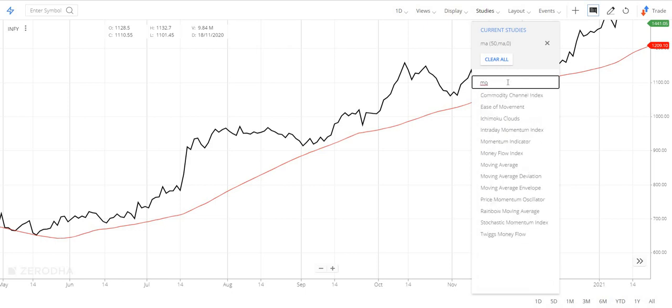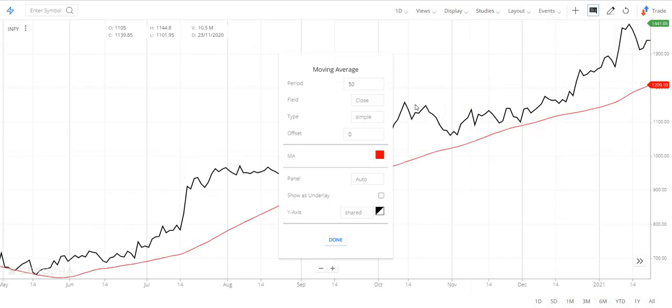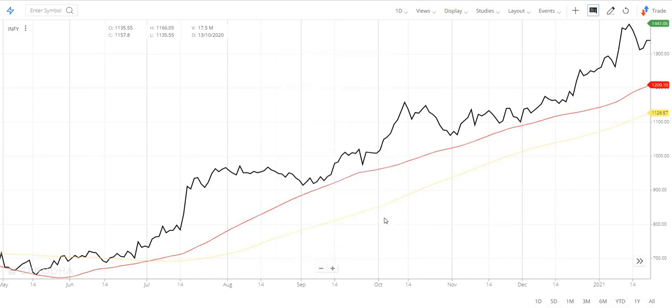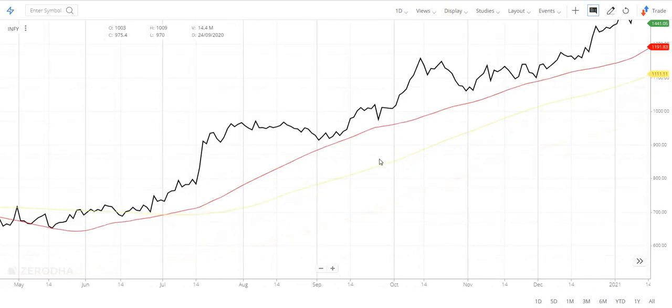Let's search for moving average. The 50-day moving average is already in place. Now I'm going to place a 100-day moving average, and I'll change the color to yellow. So first thing, moving average direction: upward.